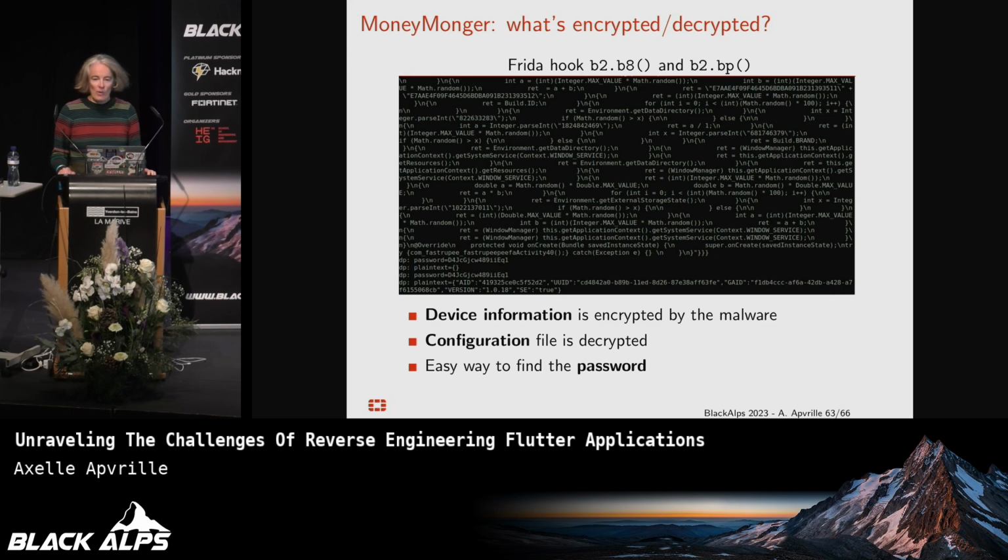And with that, you can also use your favorite Frida hook and see what it is actually doing. So what happens is that on the Dart side, you've got an encrypted configuration file. It calls the Java side, which decrypts it, and gives back the decrypted value.